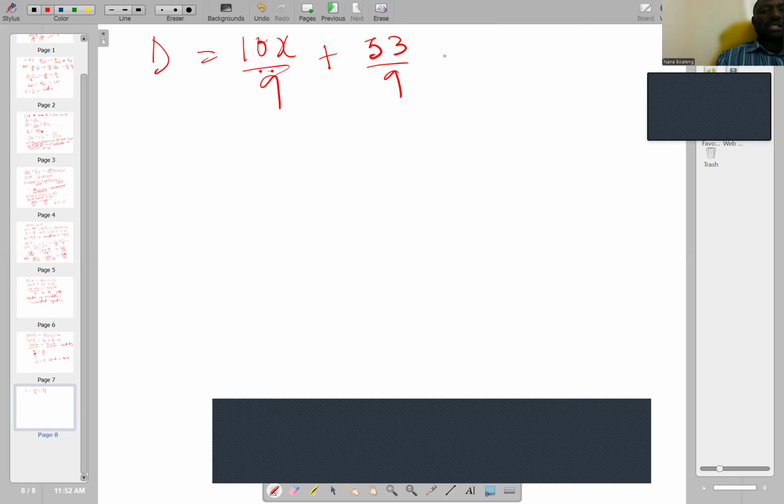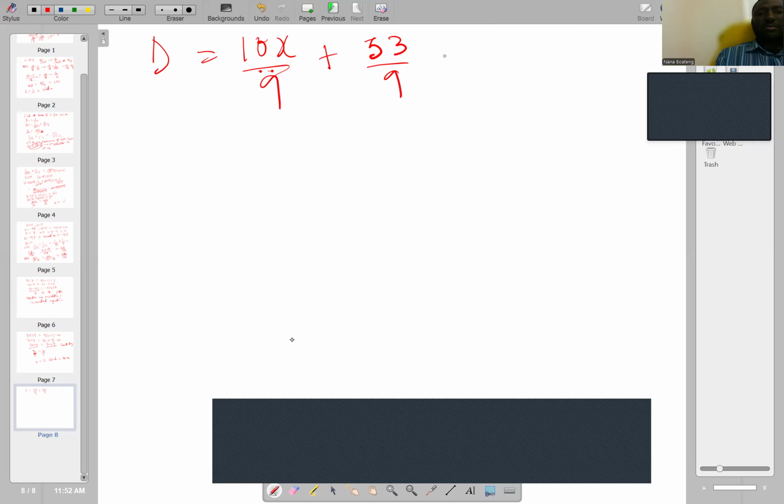So we have 90 is equal to 10x plus 53, since 9 divides 9. If we subtract 53 on both sides, we have 90 minus 53 is equal to 10x. All right, so 90 minus 53 gives us 37.